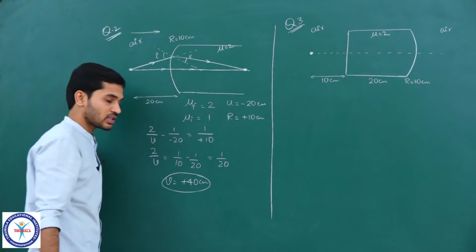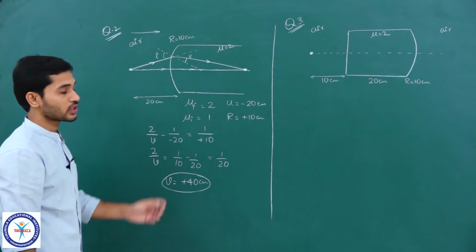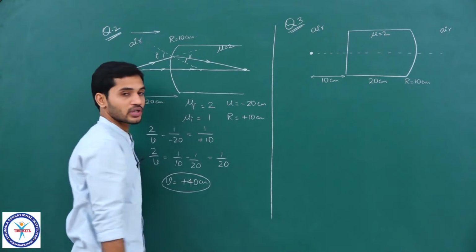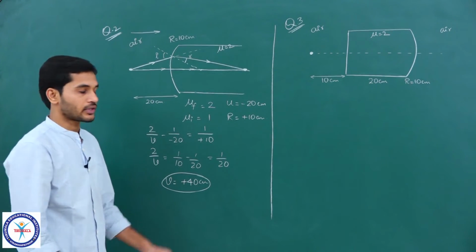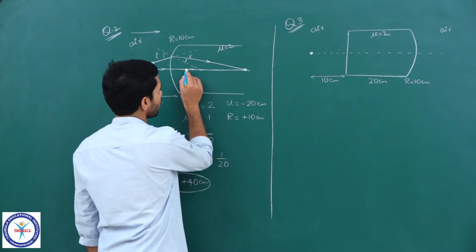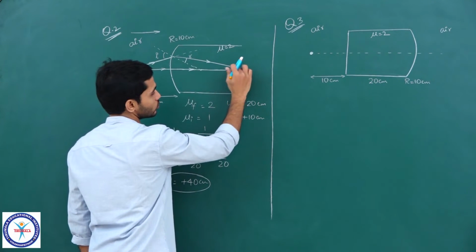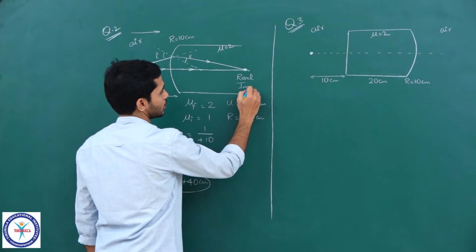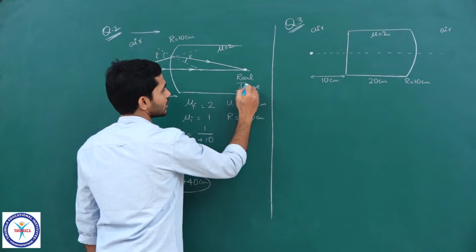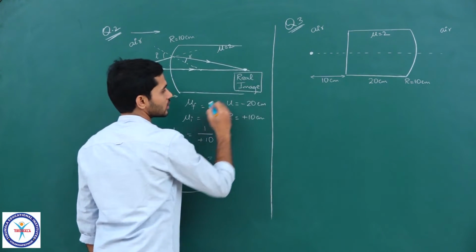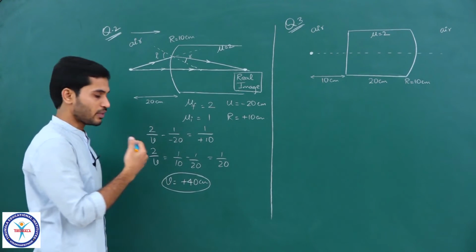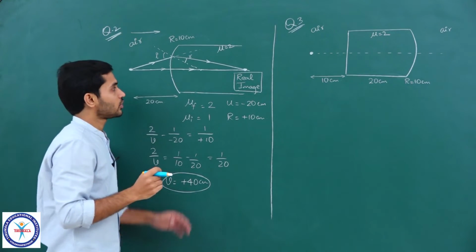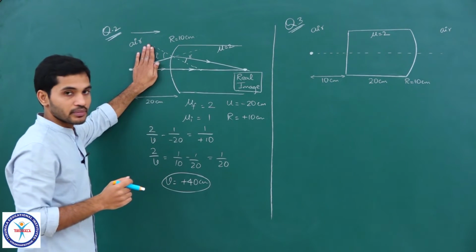Now, you can tell me whether this situation where the image is formed, is it a real image or a virtual image? It is real, because this image is being formed by actual intersection of two light rays, clear. So, this is a real image. Students, keep in mind, whenever you are dealing with image formation in the case of refraction, the idea is pretty simple. You know that incident rays are in this medium, correct.